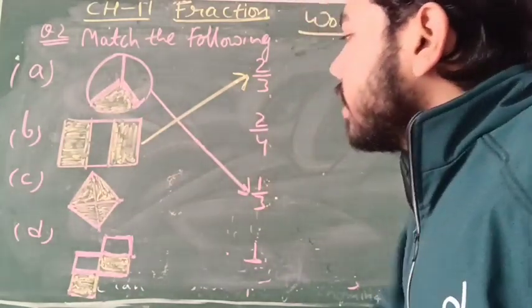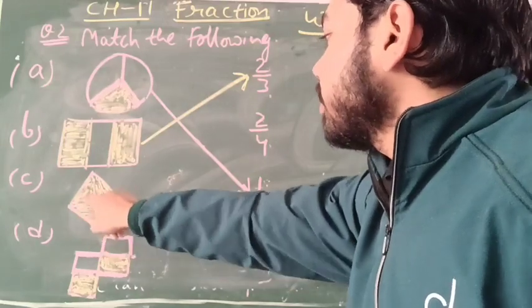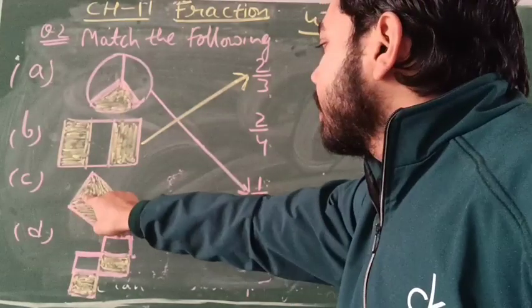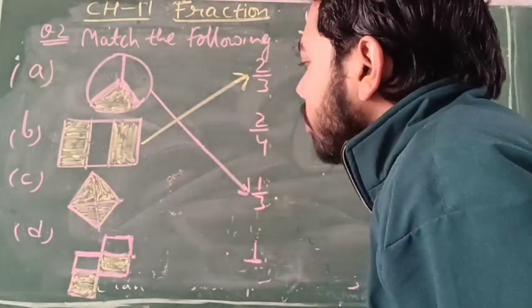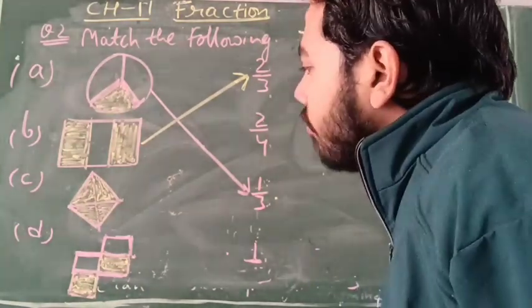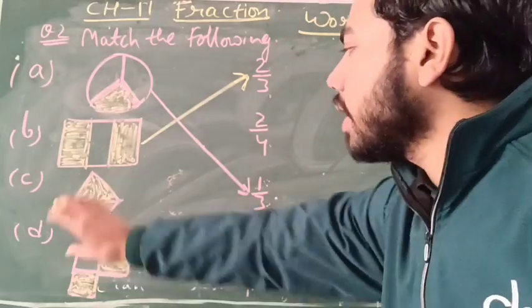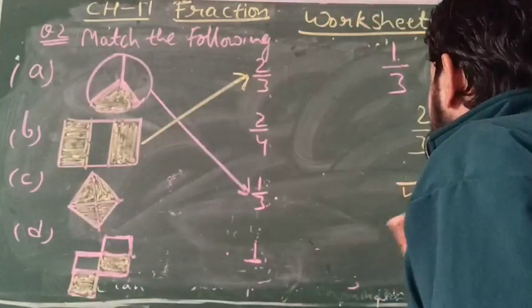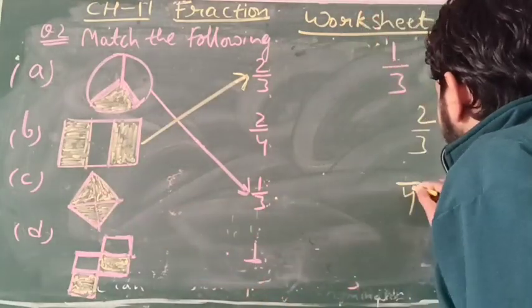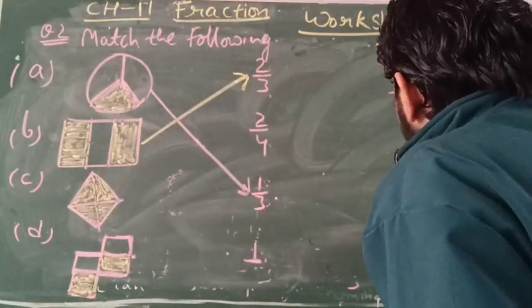And now you see that this object is divided into 4 equal parts, and all 4 parts are colored. The object is divided into 4 parts, it means the denominator is 4. The denominator just tells in how many parts it is divided.